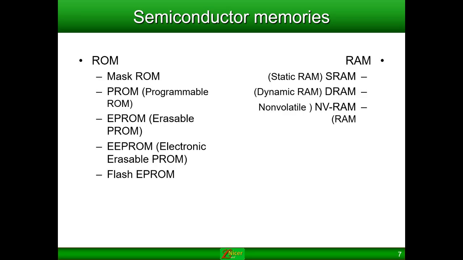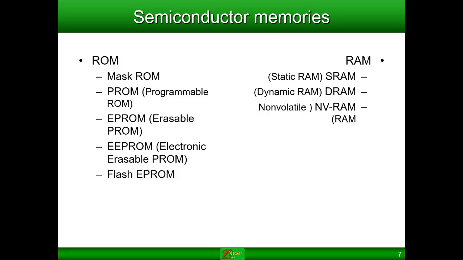But when we talk about EEPROM, it is electrically erasable PROM. A simple user can just simply erase it from the BIOS of the computer and reprogram it whenever they want. Then we have flash EPROM. It does the same thing as EEPROM. Then we have our RAM. We have basically three types of RAM: SRAM, static RAM; DRAM, dynamic RAM; and non-volatile NVRAM.